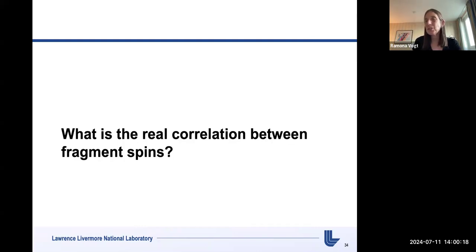And here's one totally different example of how fundamental physics can play a role in understanding stuff.